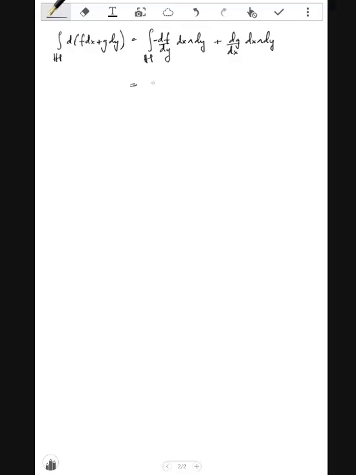This, by the definition of the integration, is the integral 0 to infinity, integral minus infinity to infinity, of minus df by dy dx dy plus dg by dx dx dy.